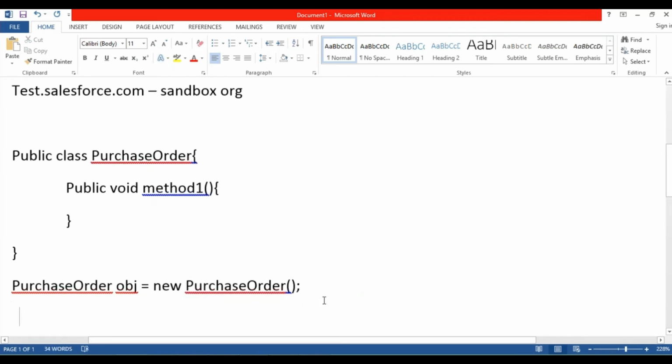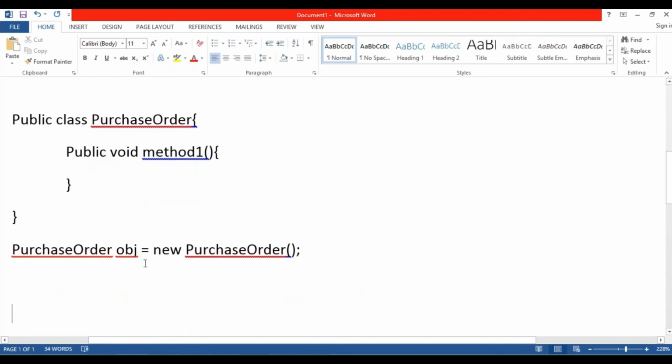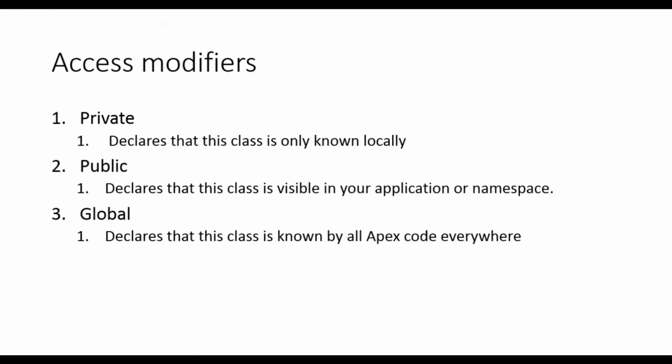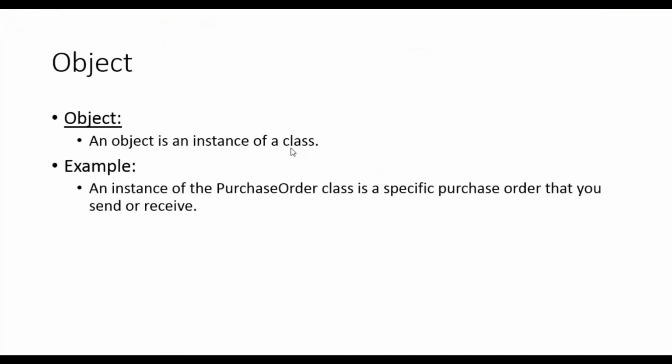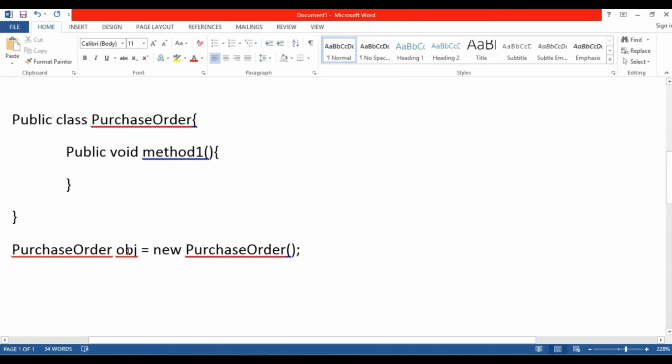Before that, an object is nothing but an instance of a class. If you want to execute a class, you first need to instantiate an object. So here an instance of the PurchaseOrder class is a specific purchase order that you send or receive. You may have multiple purchase orders, and which purchase order you are going to work on specifies the object.